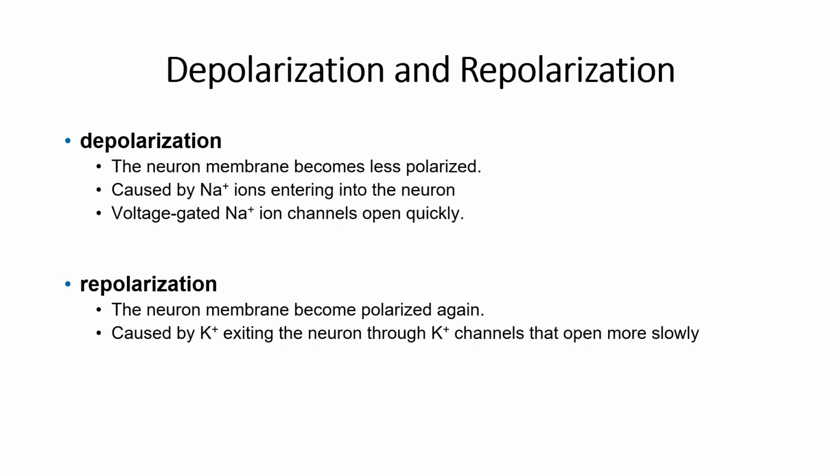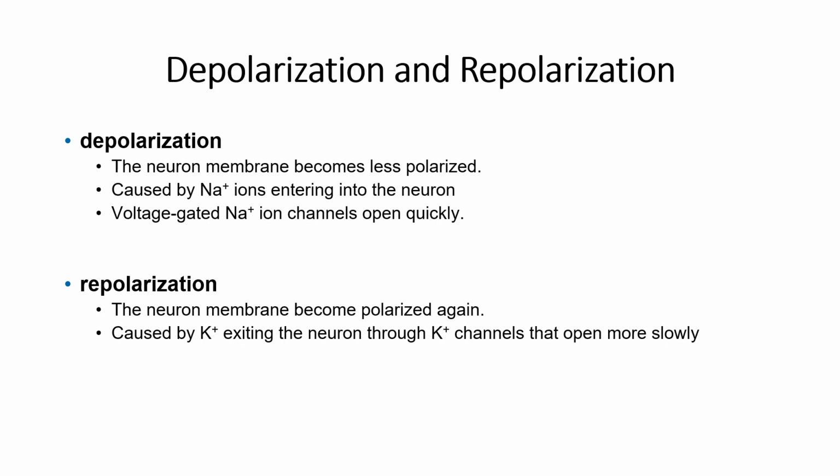As I mentioned, the cellular membrane is really important for deciding what is going to come into the cell and what can go out of the cell. When the charge of that cellular membrane changes, it changes what it allows to come in and out of the cell.